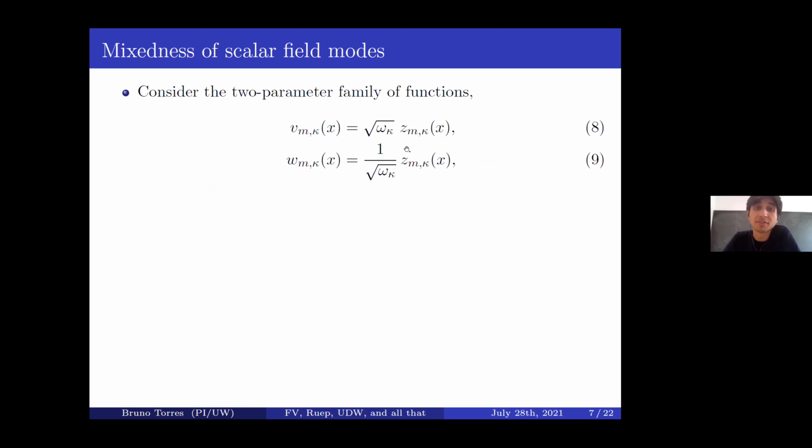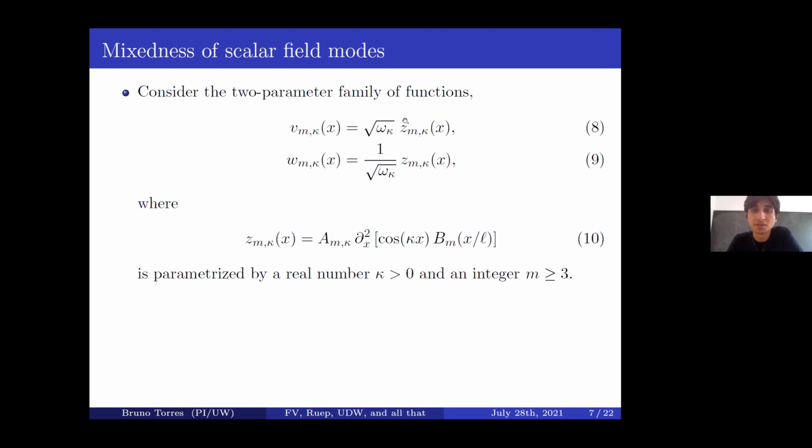We'll take this 2-parameter family of functions defined by this, where this function here is z, that is defining both profiles, say, is defined like this.